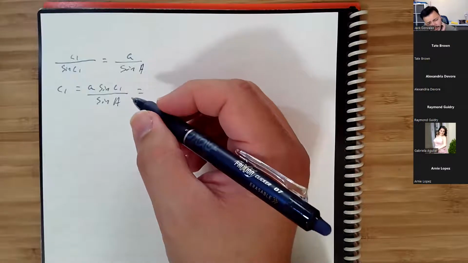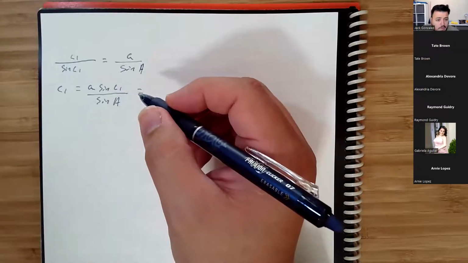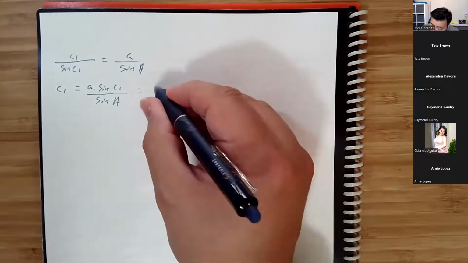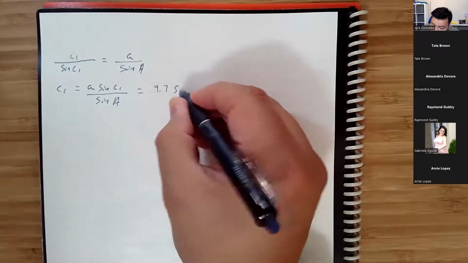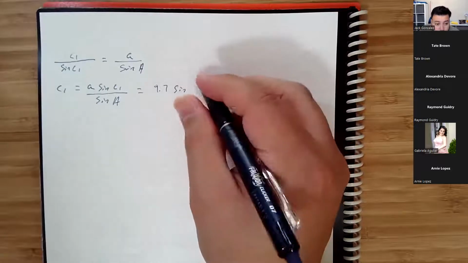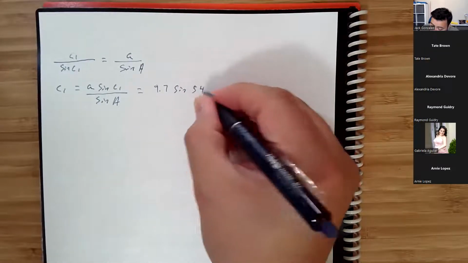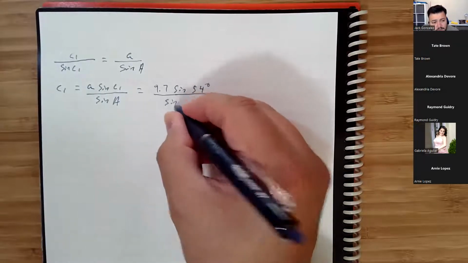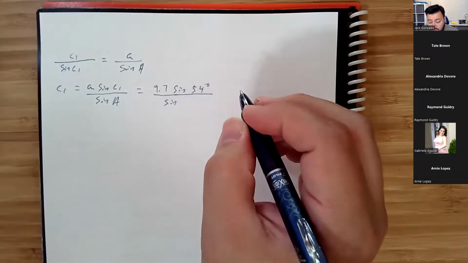We had 9.7 sine of 54 degrees over sine of, oh crap.